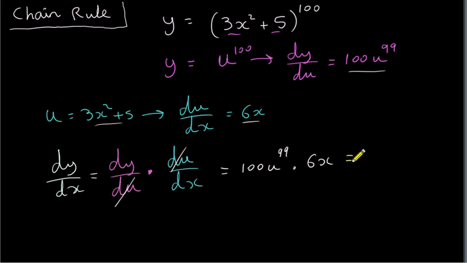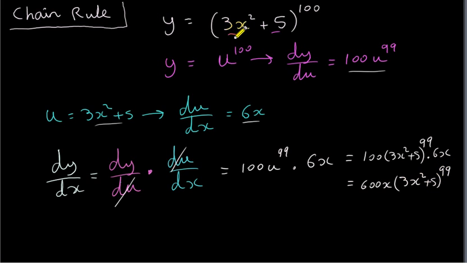We said that u is 3x squared plus 5, so we have 100 times (3x squared plus 5) to the power of 99 times 6x. The 6x is multiplied by 100 to get 600x. So we have 600x times (3x squared plus 5) to the power of 99.